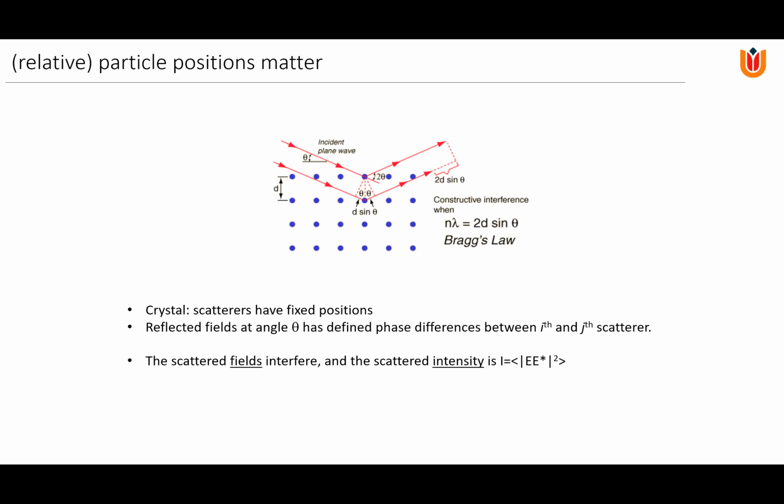So for scattering, it's important to consider the relative positions of the scattering particles. An extreme example of that is, of course, a crystal, where the scattering centers are neatly arranged in grids. You can use light to probe the structure of this crystal by looking at these patterns, at very specific angles, depending on the separation between the scattering centers.